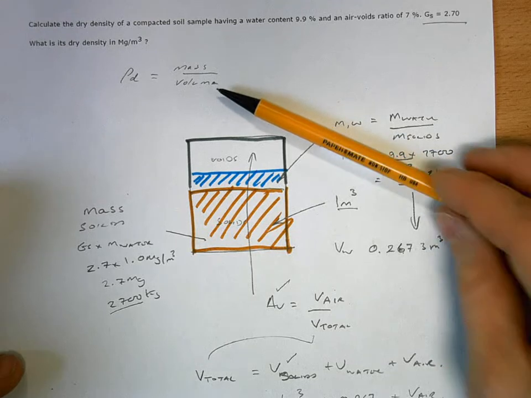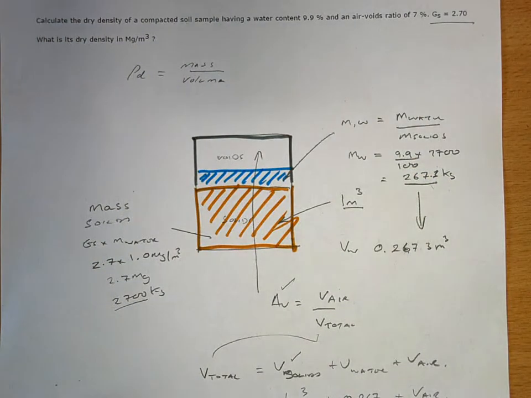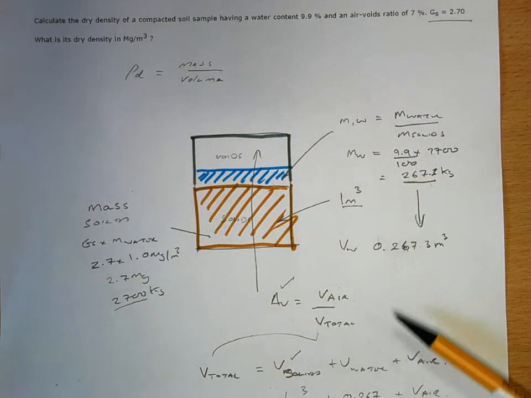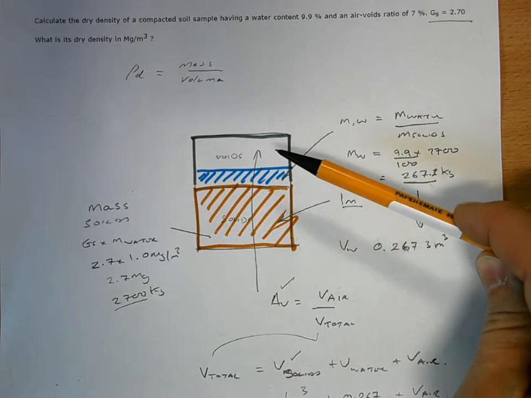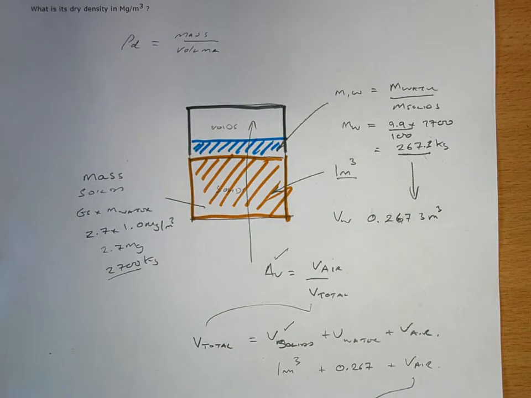In this case, it's for dry density, but it could be anything you could be asked about. Maybe you're asked next what's the void ratio, e values, whatever. Once you've got the actual raw figures, the actual quantities of water and solids and air, your life becomes a lot easier. So I hope that's useful.